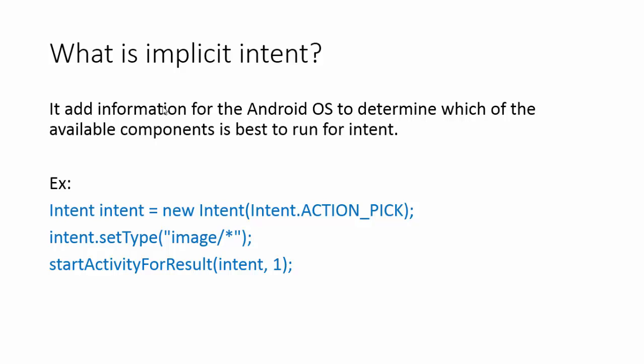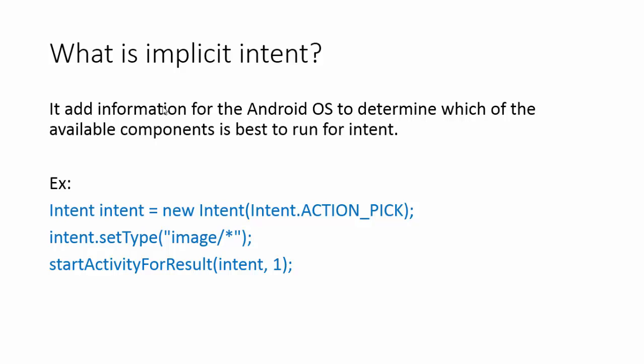If you want to send an email to someone, you specify intent action ACTION_SEND and type email, and all the applications you can send email with will be available for this intent.